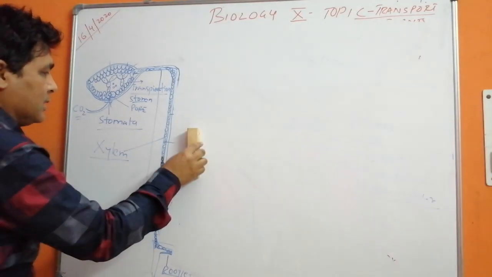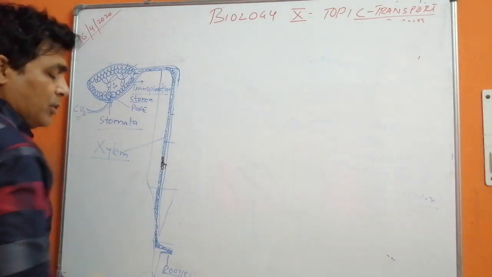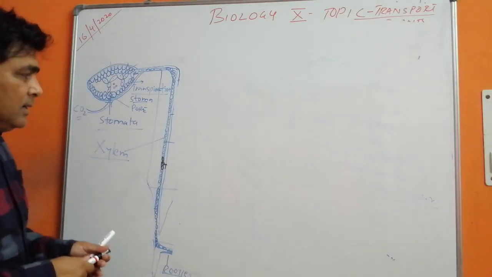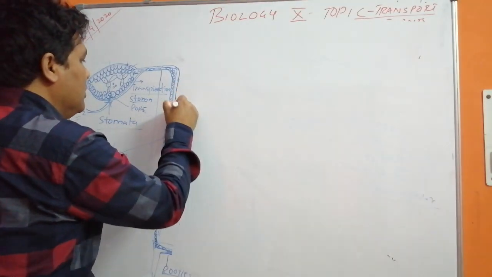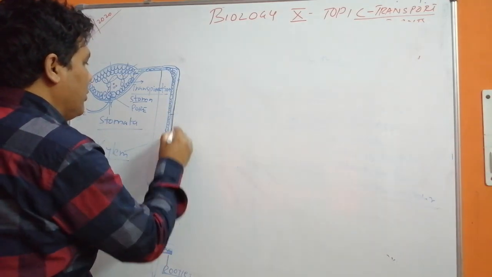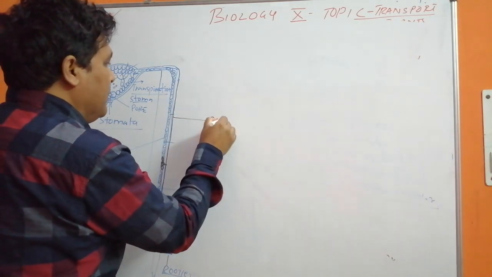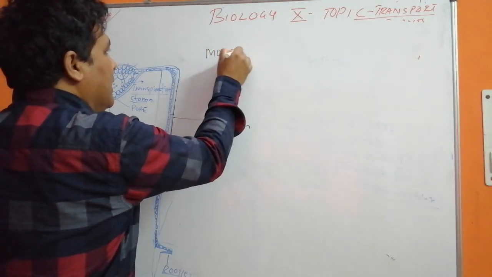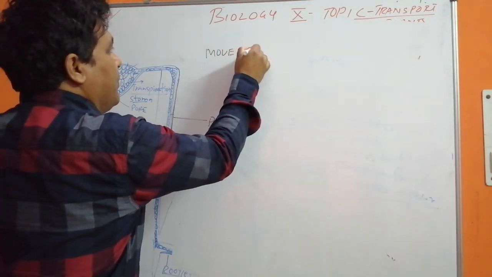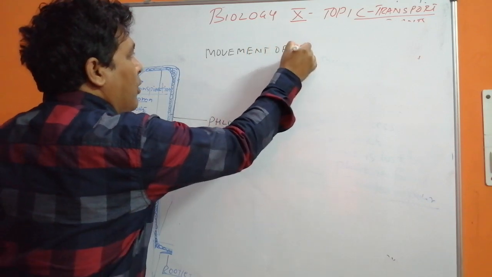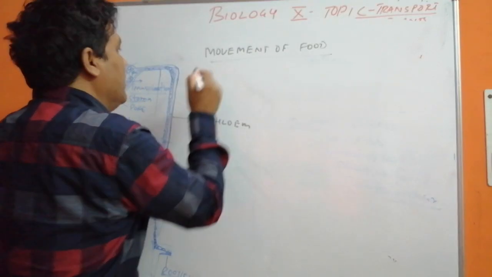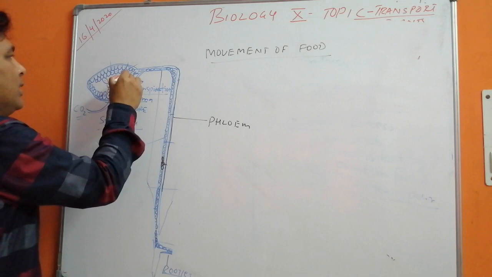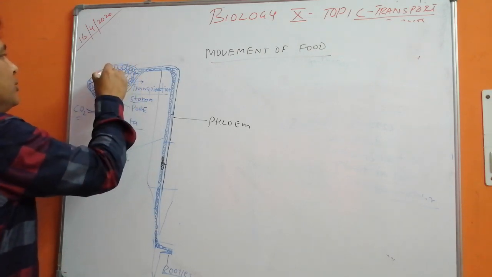Now what is photosynthesis? Photosynthesis is, as you know, now this is your phloem. Now movement of food. First of all, food is produced.